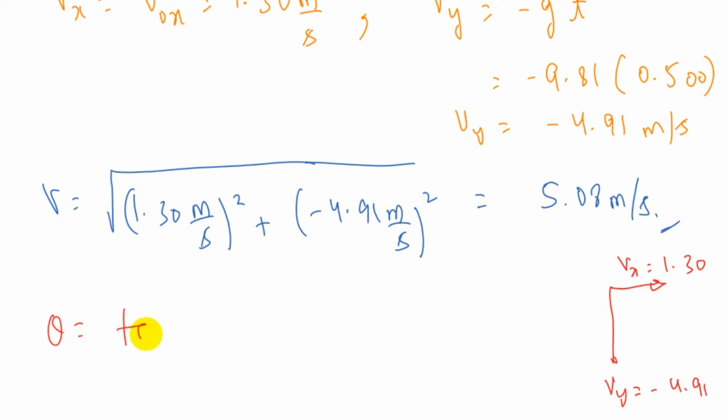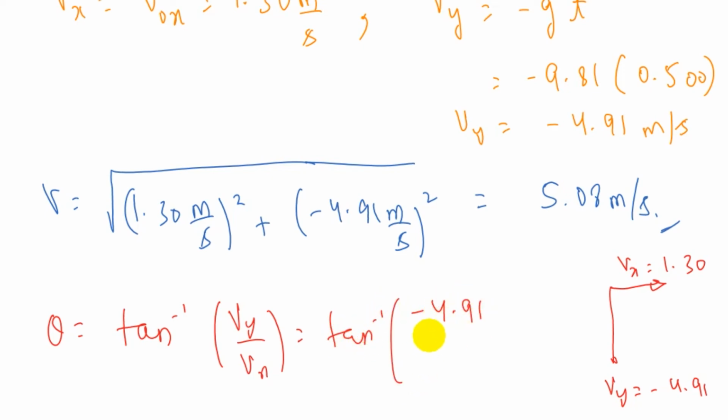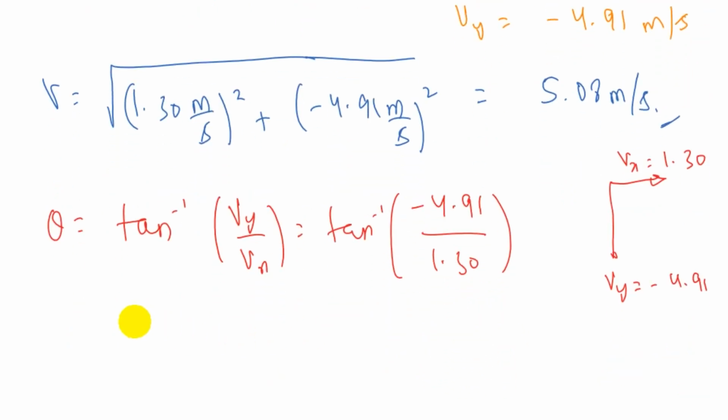So theta is tangent inverse of Vy over Vx. So tangent inverse of Vy, we have minus 4.91, divided by Vx, we have 1.30. So from here we'll get the direction, basically the theta, to be minus 75.2 degrees.